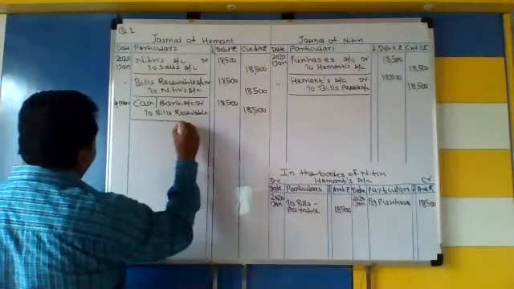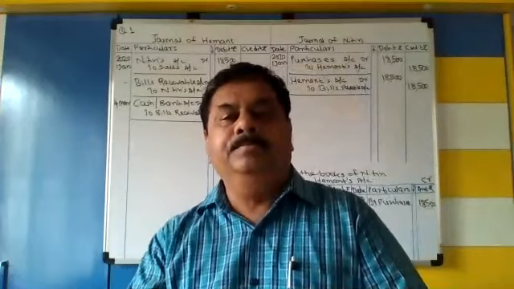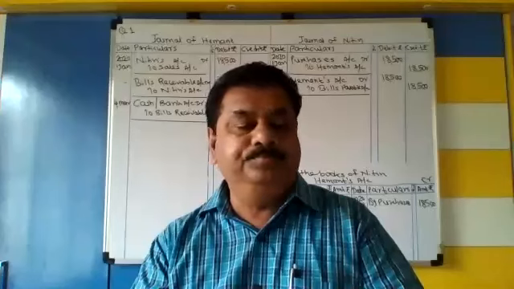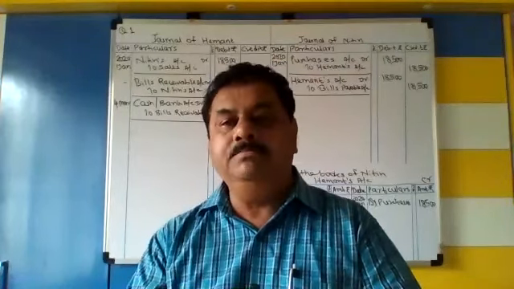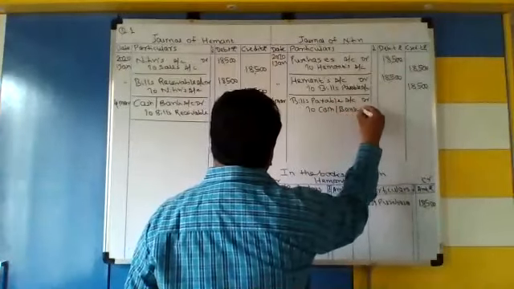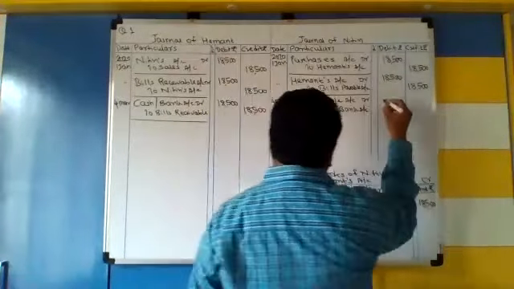Okay. Narration: Being bill honored. Here the date is 4th March and the journal entry is a bills payable account debit to cash oblique bank account.